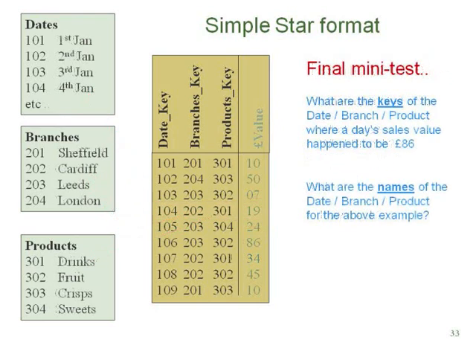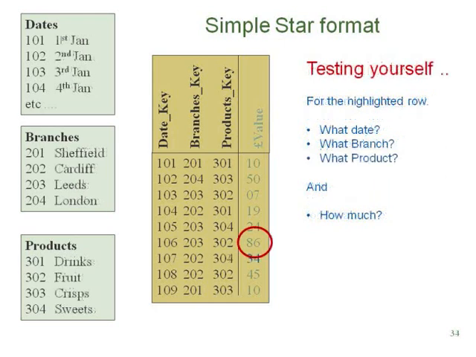And now we're going to work the table the other way round. Look at this screen and find which day's sales value happened to be £86, and be ready to answer the next few questions. What are the name of the date on which £86 worth of products were sold?